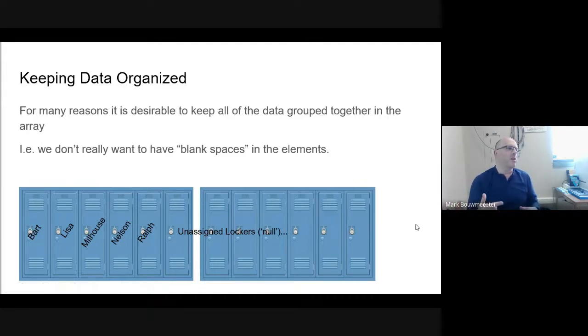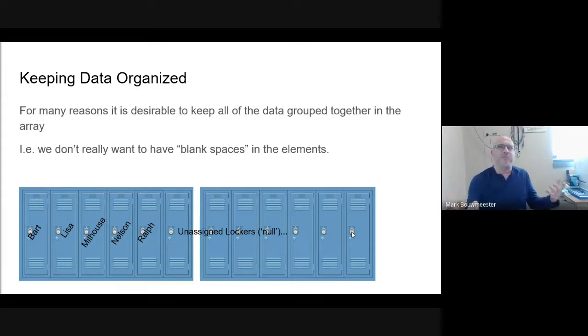There's a lot of good reasons why I don't want to have blank spaces throughout the middle of the lockers. Like, I don't want to have Bart, null, null, Lisa, null, Nelson, null, Milhouse, null, null, null, Ralph. That's not going to work well for me, because imagine if you're scrolling through the list of lockers and you go through a range of ones that are not assigned, blank, blank, blank, blank, blank.